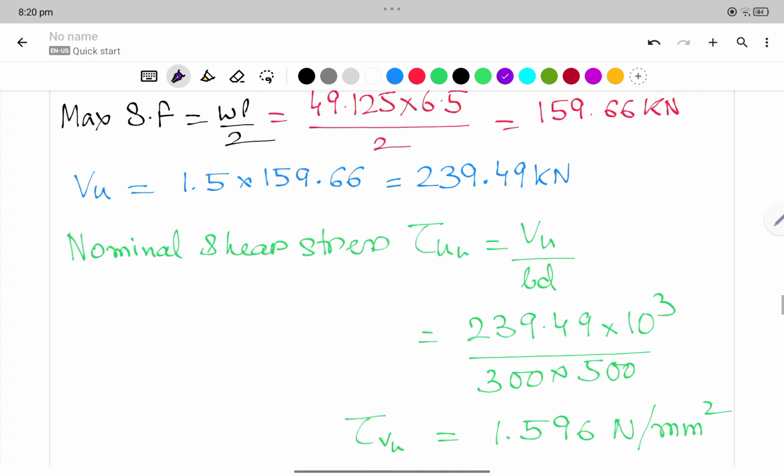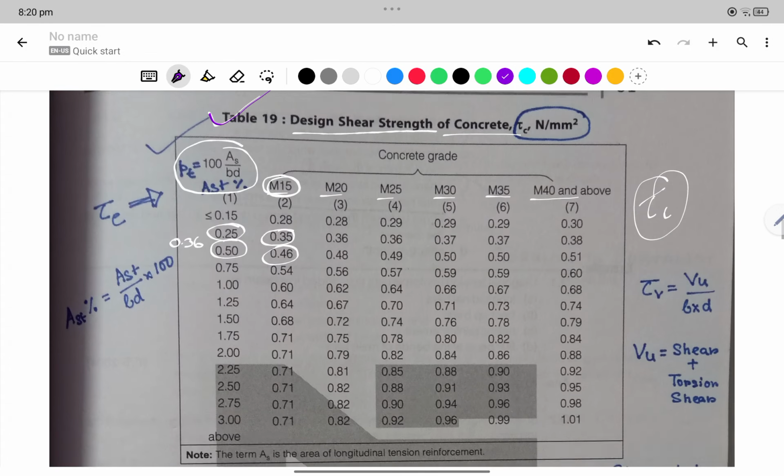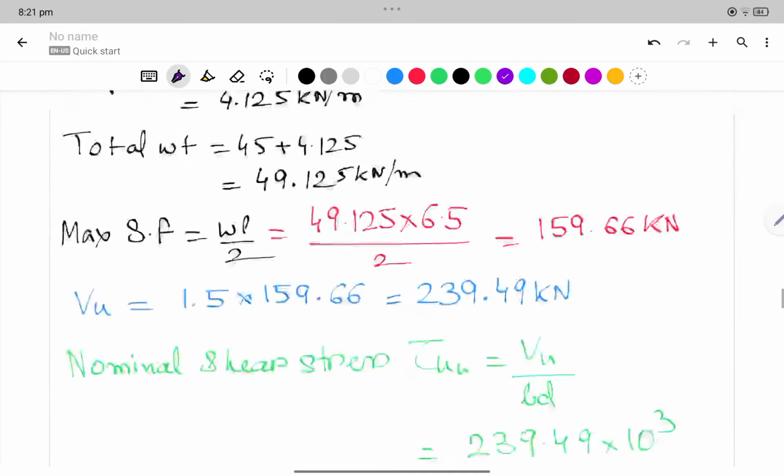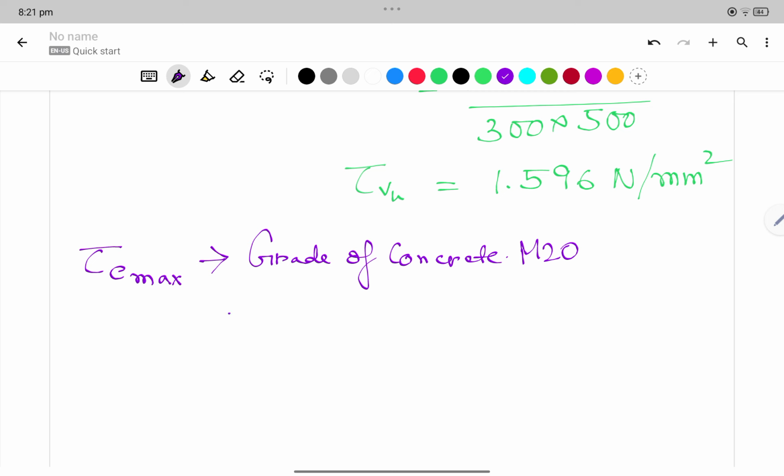Let's see the chart. The tau c max for M20 is 2.8 Newton per mm square.